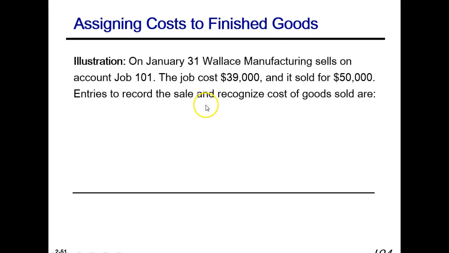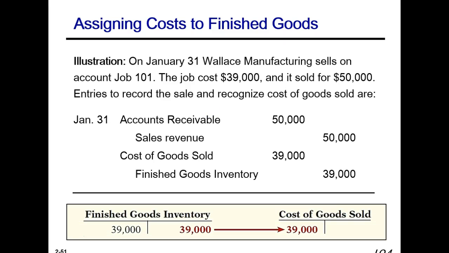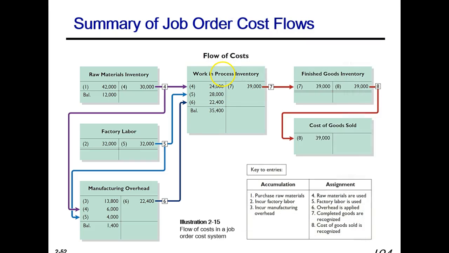Entries to record the sale and recognize cost of goods sold are a debit to accounts receivable for $50,000, a credit to sales revenue for $50,000, and then we have to do the corresponding cost of goods sold, $39,000. We reduce our finished goods inventory because it's no longer in finished goods, we sold it.